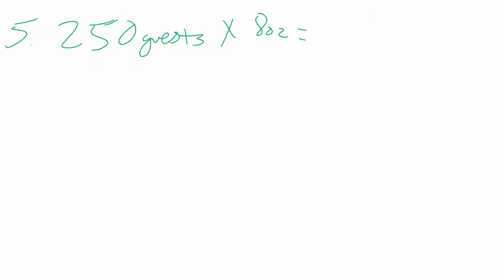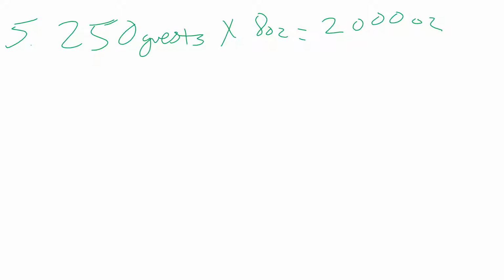How many guests do we have? 250 guests. Okay, and how much is our serving size? 8 ounces. That means I need how many ounces? No, I need 2,000 ounces to serve.